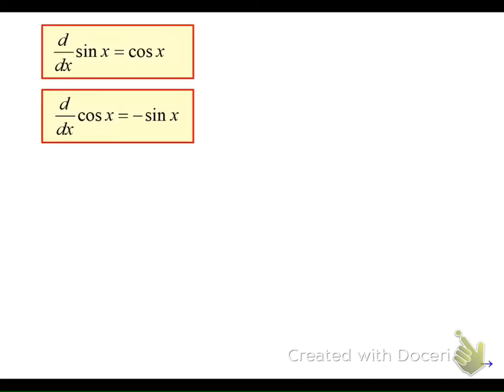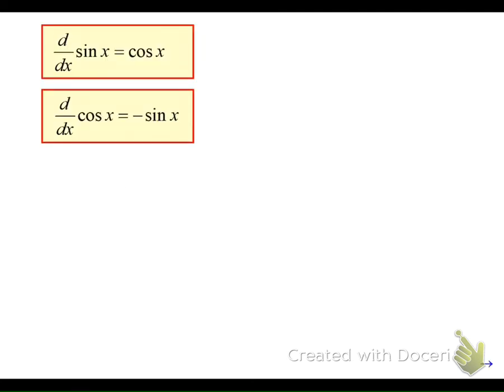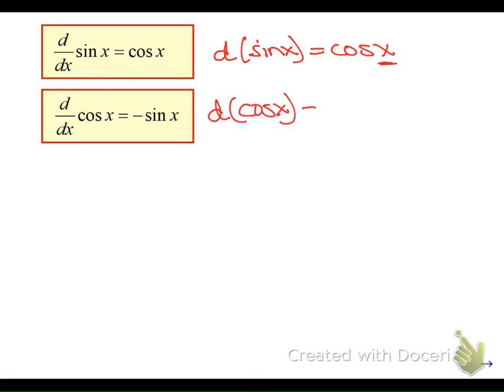Some other notation you could use is the derivative of sine is cosine. Okay, but make sure you don't write cosine all by itself without something behind it. It's cosine of something. Okay, and the derivative of cosine is negative sine. Okay, and you do have to memorize that.